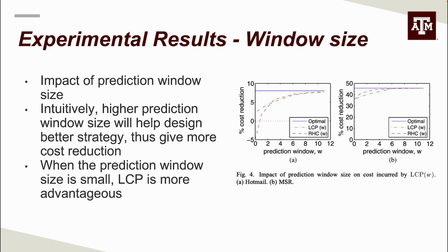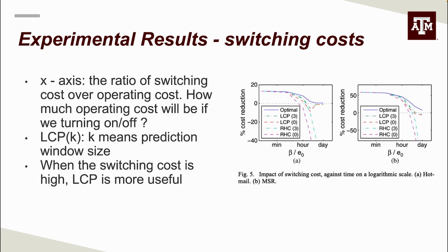We will first study the impact of prediction window size. Intuitively, larger windows mean better forecasts and planning, leading to greater cost reduction. When the window size is small, LCP becomes significantly better than RHC methods. Next, we look at the effect of switching costs, the cost of turning servers on or off.